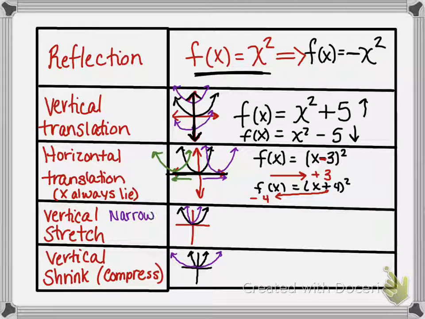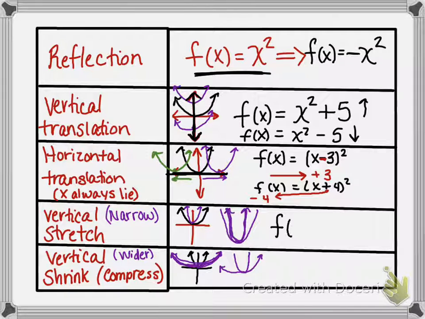I was sitting there thinking, what's the word I'm looking for? Narrow. When you shrink, you get wider. It's kind of the opposite of what you think it might be. Stretching, your graph goes from something like this to something more narrow. This is not very straight, but that one is stretched more narrow. When you do the compression, you're pushing it down, pushing the graph all the way down to the x-axis, okay? That's why it gets so much wider right here. You're pushing it down. Now, how do I get there? Well, remember when I do a stretch, I'm getting more narrow.